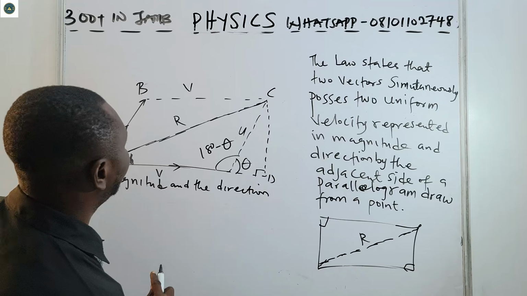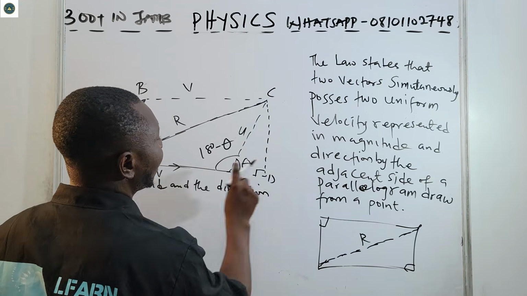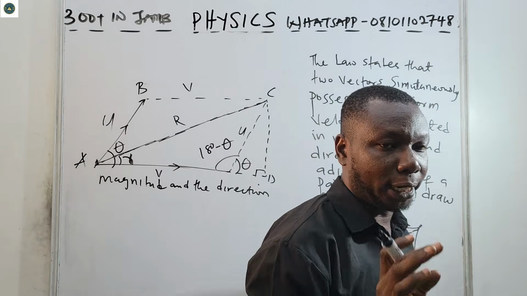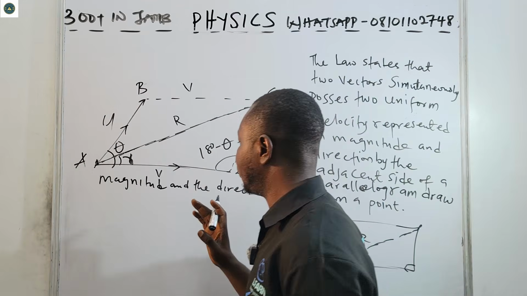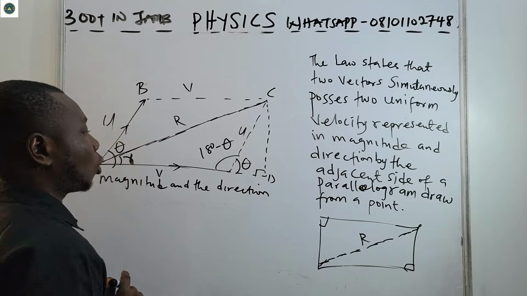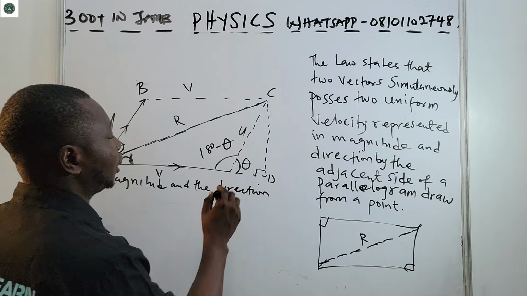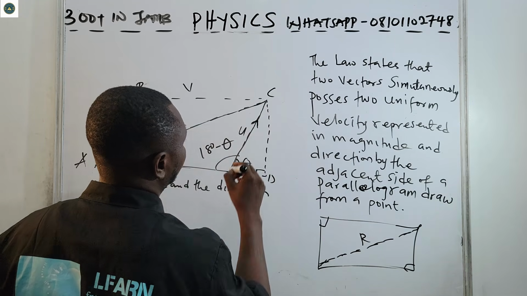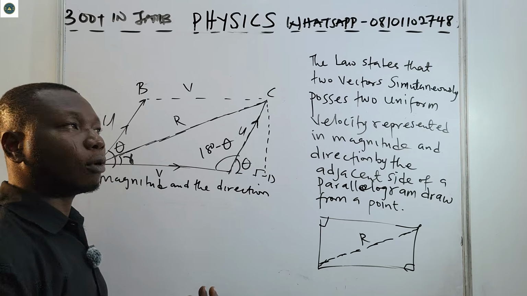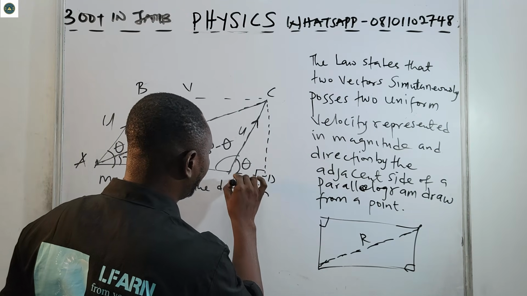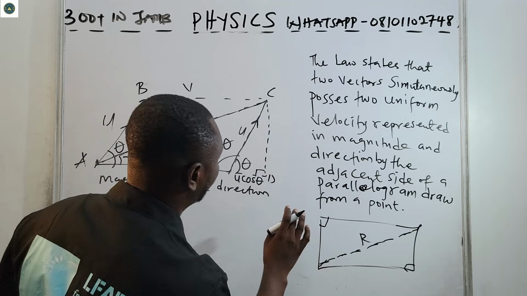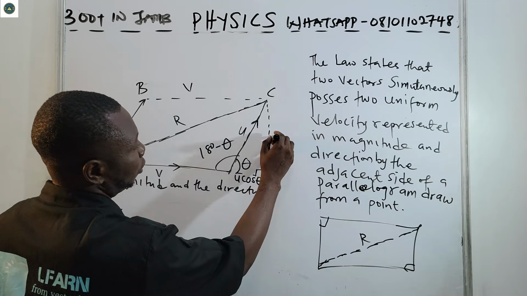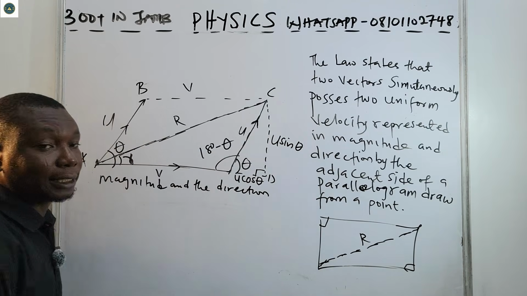So definitely, if here is theta, that means vector U has two components. What are the two components? The vertical component and the horizontal component. The horizontal component becomes U cos theta, then the vertical component becomes U sin theta.